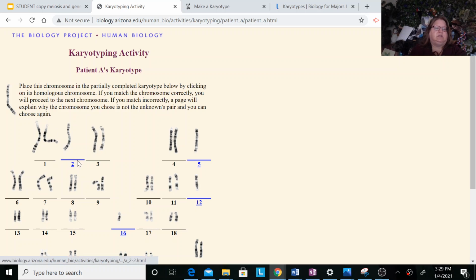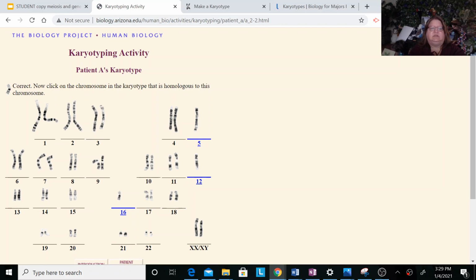If you think it looks like chromosome 2, click on the highlighted blue number. If you're correct, it's going to allow you to move forward. If you don't do it correctly, it'll gently remind you.